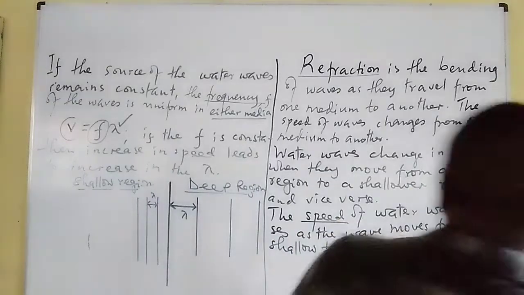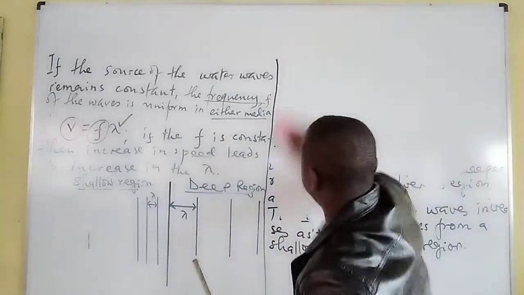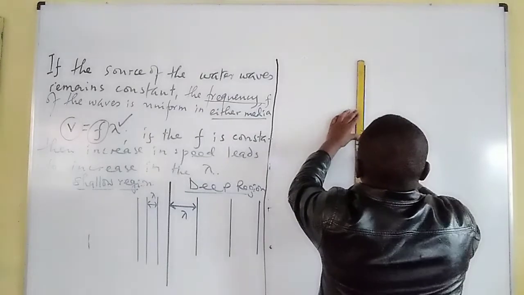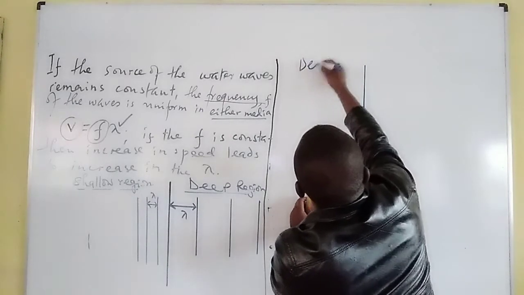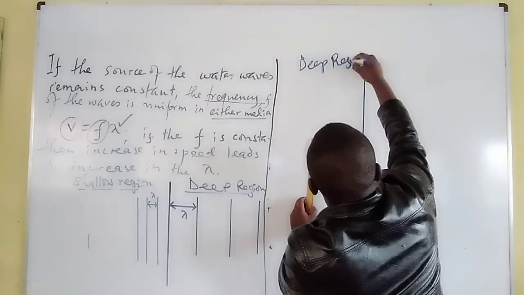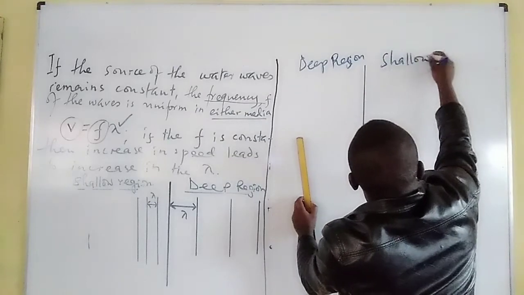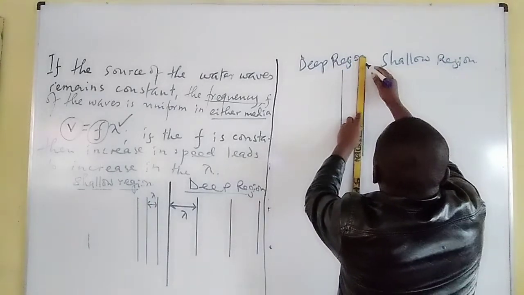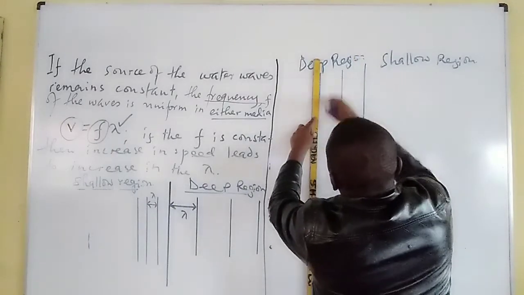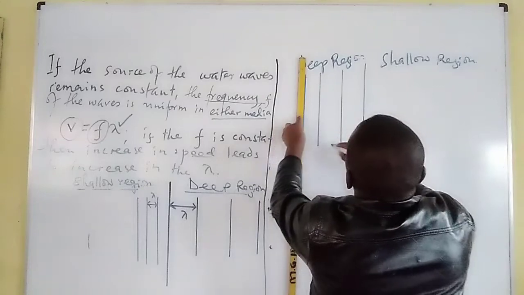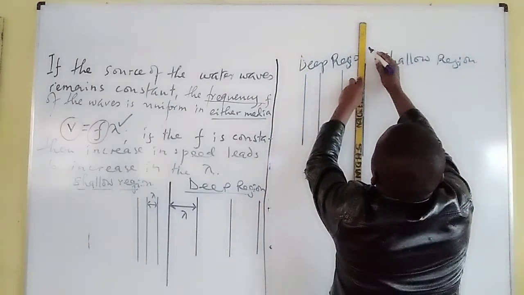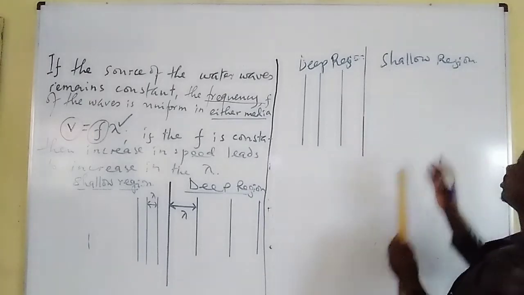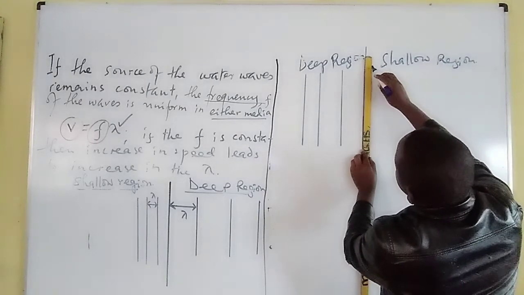If we relate the other way around, from a deep region to a shallow region, then if these are the wavelengths, which are a bit spaced, and you are told to draw them after they enter the shallow region across this boundary, the wavelengths will now be a bit squeezed together.